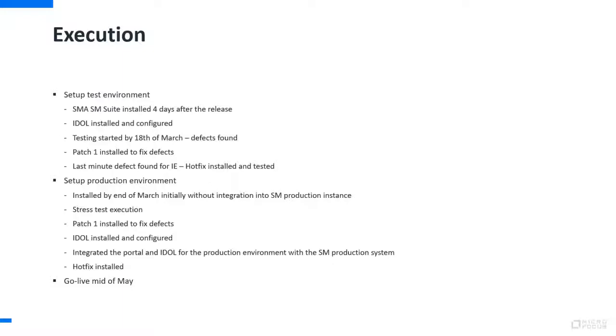Of course, we also installed the patch 1 in the production environment, and in the second step, we installed and configured IDOL. This was a little bit decoupled from the SMA installation on the Linux servers, because when you install IDOL and configure it, you have to change something in Service Manager.